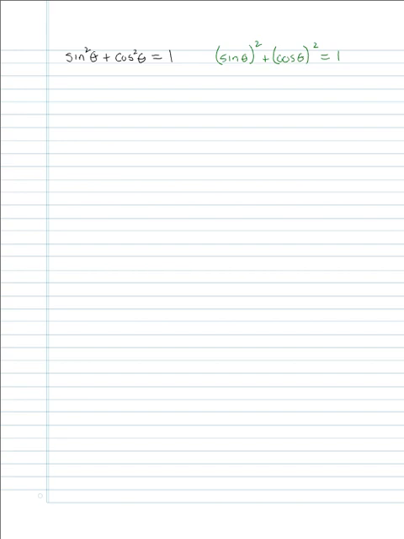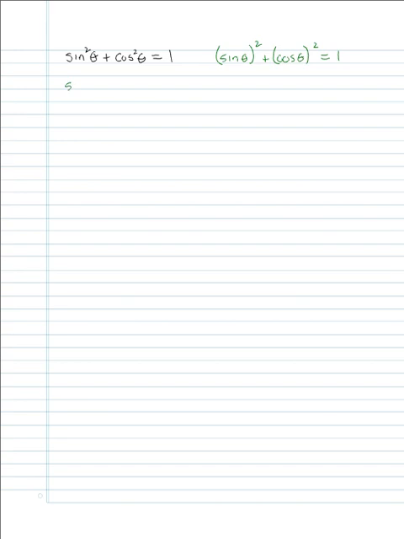Now, there's several things we need to know about this, but this leads us to a couple of other very important identities. Actually, here's what we're going to do: we're going to take what we see there and divide both sides of this identity, or this equation, by cosine squared theta.